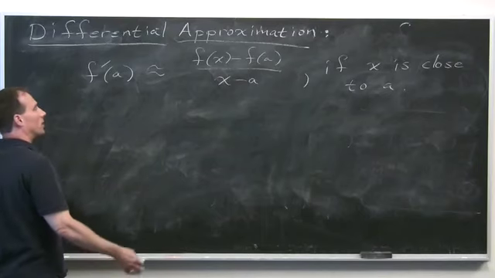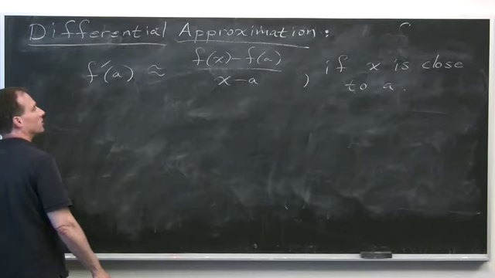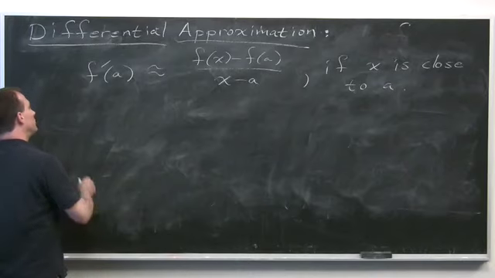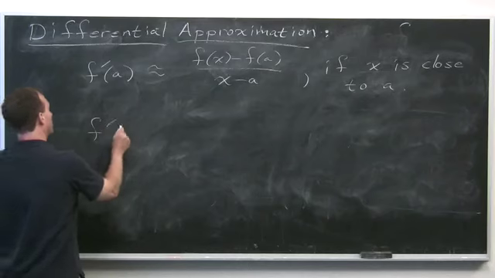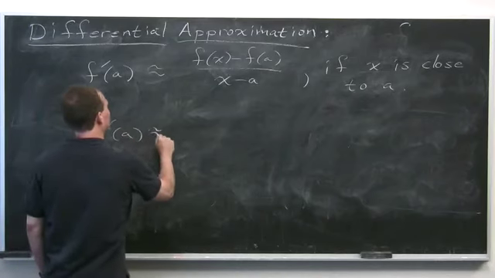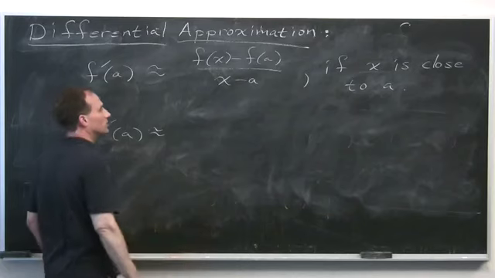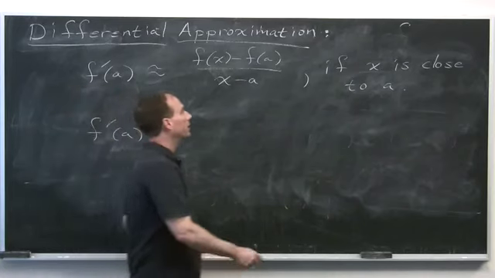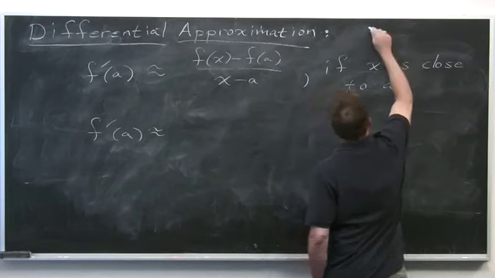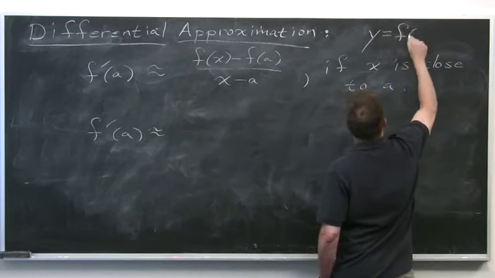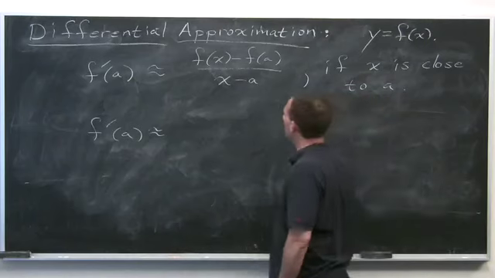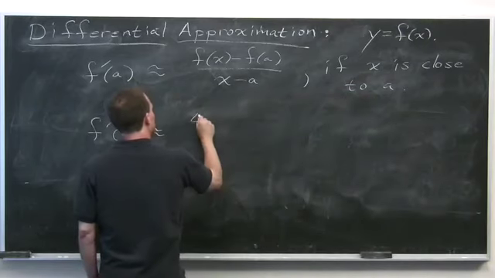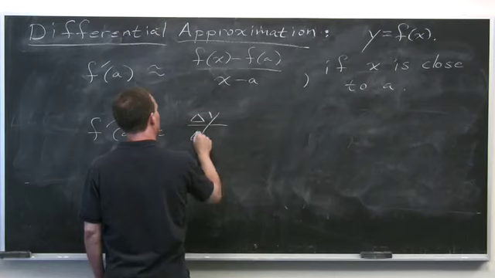And this is how we got linear approximation. But if you just say that f prime of a is approximately equal, and think of this as the change in f, and if y equals f of x, then we would think of this as the change in y over the change in x.